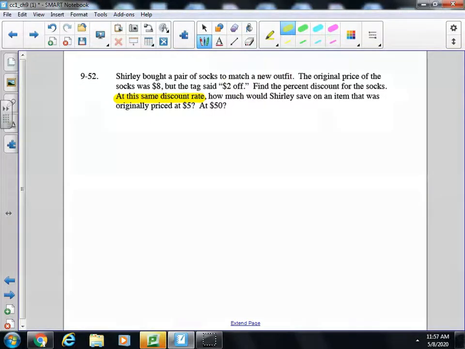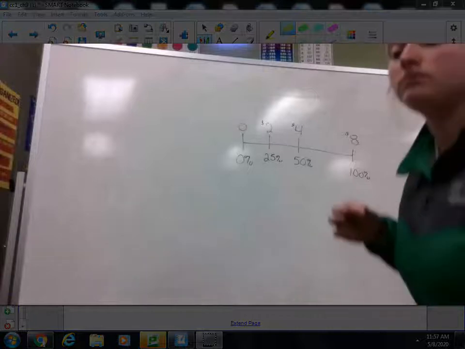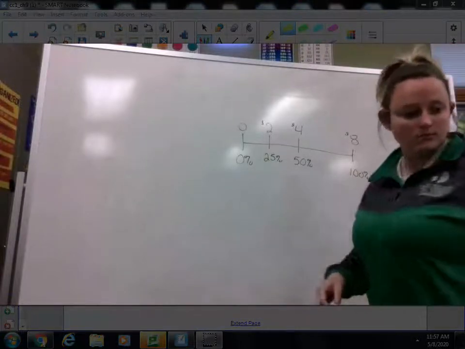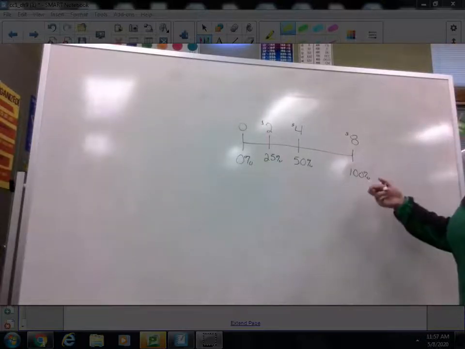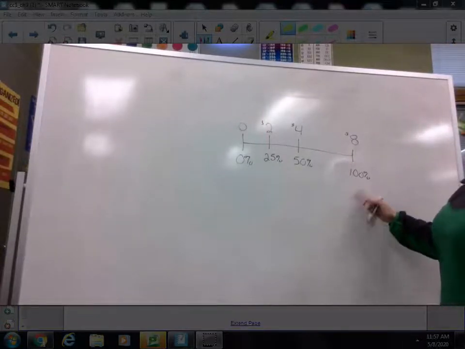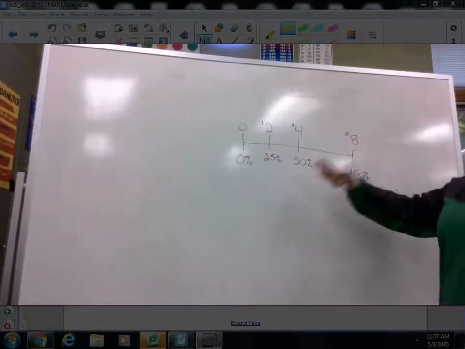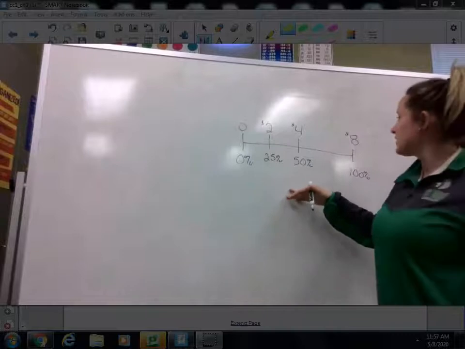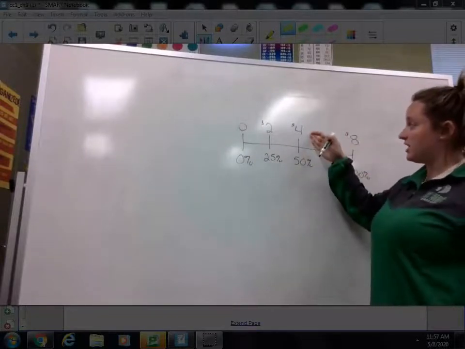So Ms. Lanza is going to show you one method using a percent ruler. All right, so we know that the $8 is 100% of our total, and then our 0 is 0%. So if we took half of that, or 50%, we're going to take half of 8, or half of 100%, and we get $4.